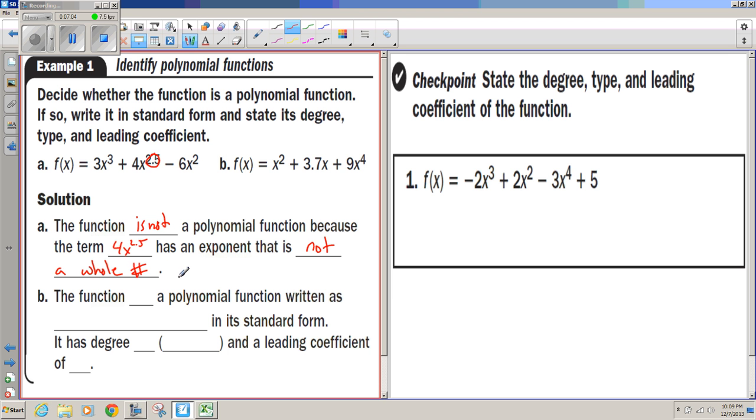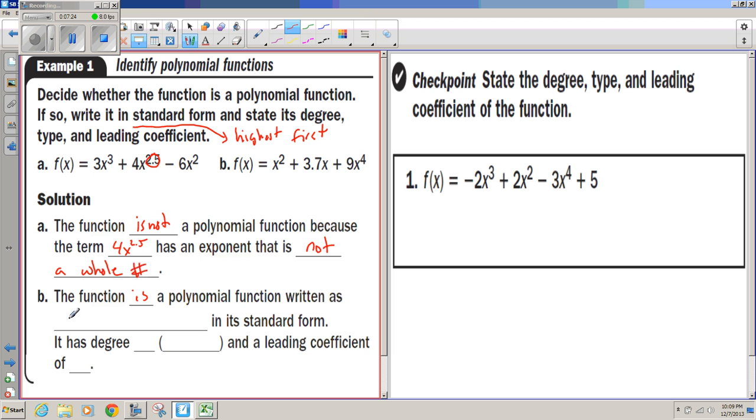If you take a look at B, the function is a polynomial function. For standard form, you put the highest exponent first.